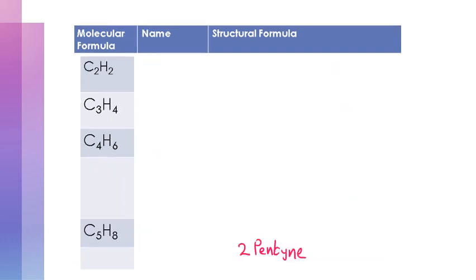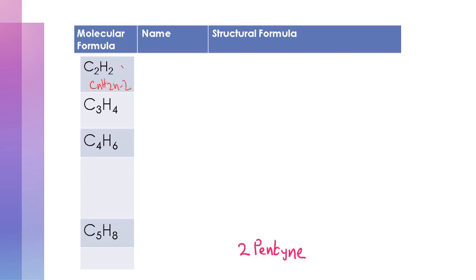Now let us do these examples. We can see C2H2. With the formula we can try 2 times 2 is 4, so it is not ene, and 4 minus 2 is 2, so it agrees with the formula CnH2n minus 2.